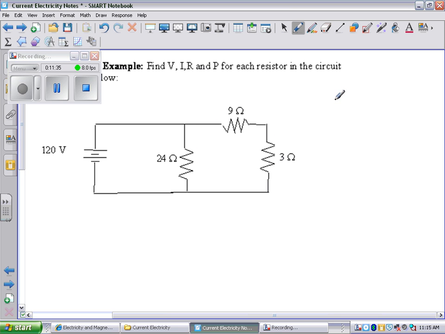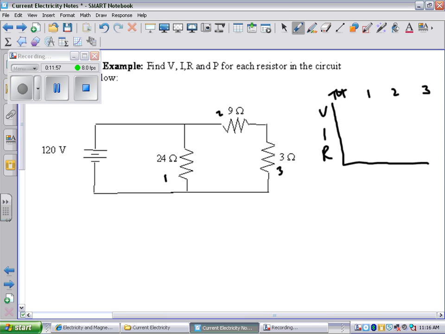So I'm going to make up my chart to start with. I'm not going to bother with power this time. V, I, R, total, 1, 2, and 3. Make sure I remember that this one we'll call 1, this one we'll call 2, this one we will call 3.